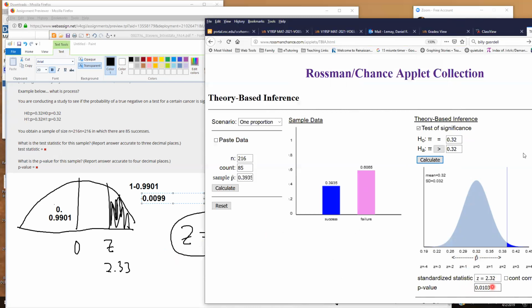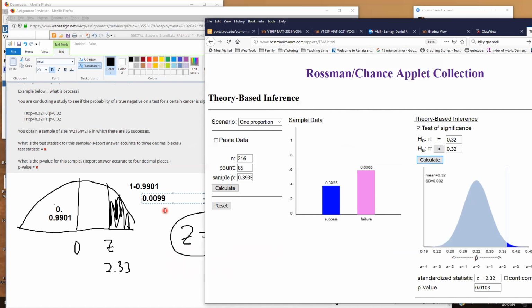Oh, you know why? Because I went 2.33. I guess it really isn't that much less. So I'm pretty sure that WebAssign would take that, though I am a little concerned. It's not that different. It's 4 ten-thousandths difference. Usually WebAssign's not that close.